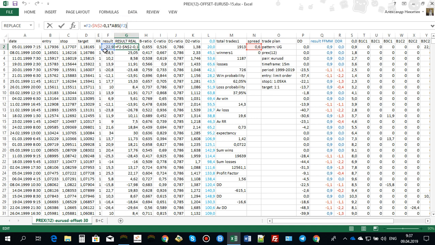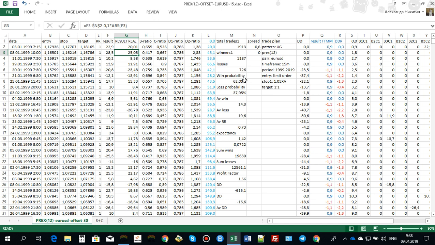If I explain it to you, if the result is positive, we subtract our spread, and then we subtract 0.1 multiplied by our result, so we subtract 10% of the result. In the case of positive, it is -1 multiplied by 20 to 9, but in the case of negative, it is -1 multiplied by -20. The whole expression turns into positive, and instead of subtracting, you are summing, and this was a mistake.